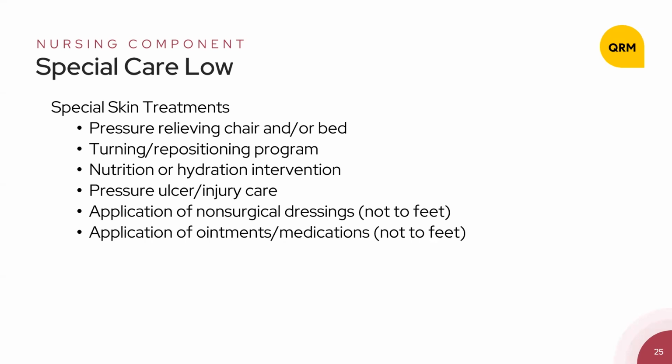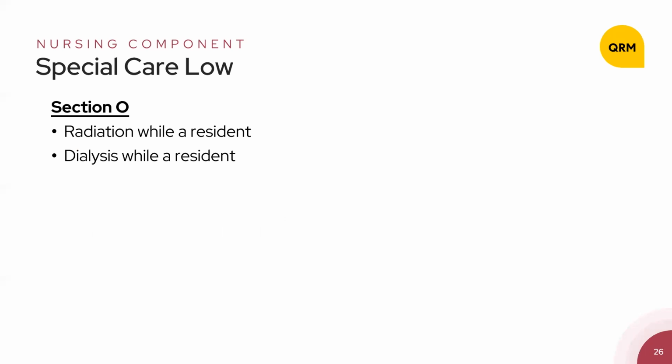These are your pressure relieving chair and or bed, your turning and repositioning program, your nutrition or hydration intervention, your pressure ulcer injury care, or application of a non-surgical dressing or application of ointments and medications, and neither of those can be to the feet. In section O, you have your radiation or your dialysis while a resident.